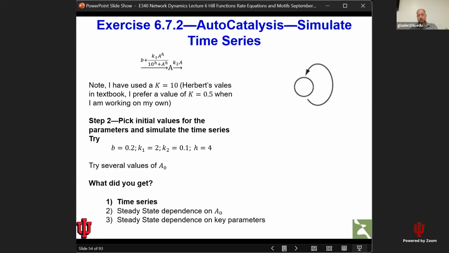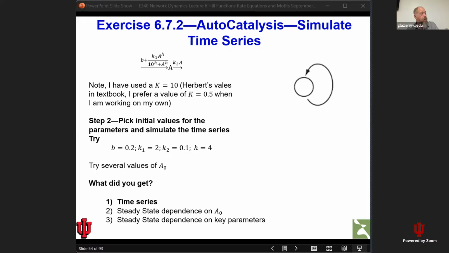And Herbert gives us particular values that he wants us to use for B, K1, K2, and H. So why don't people write that and see what they can get, and try it for different initial values of A. In particular, try it for A less than K and A bigger than K.